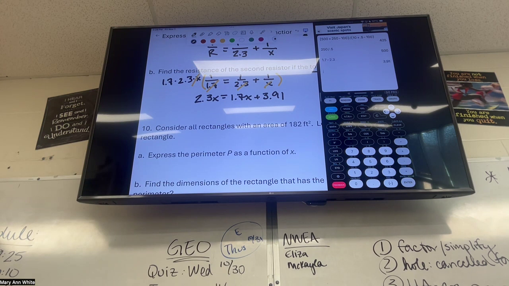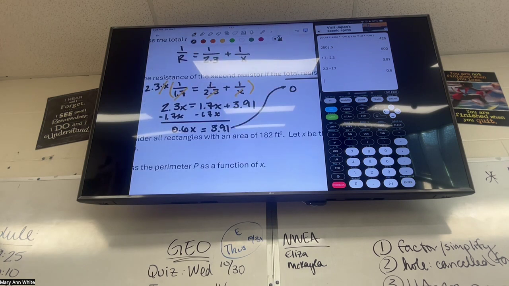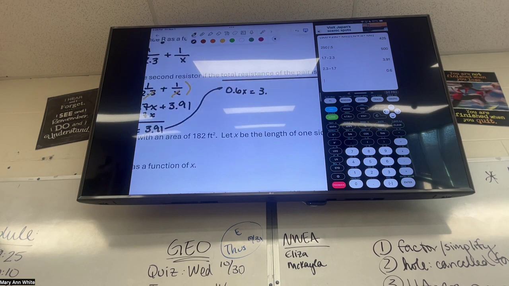And then just like we were doing earlier, can you get your X's together? Divide to get X all by itself. It's 6.52 ohms.